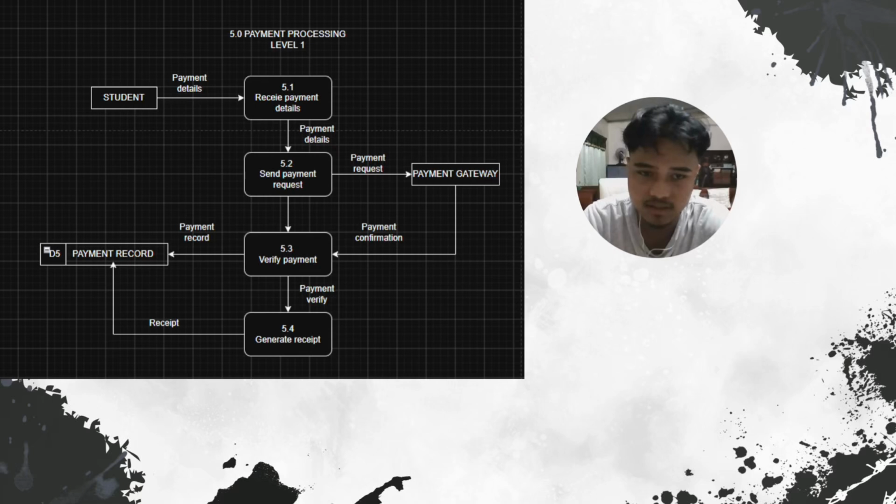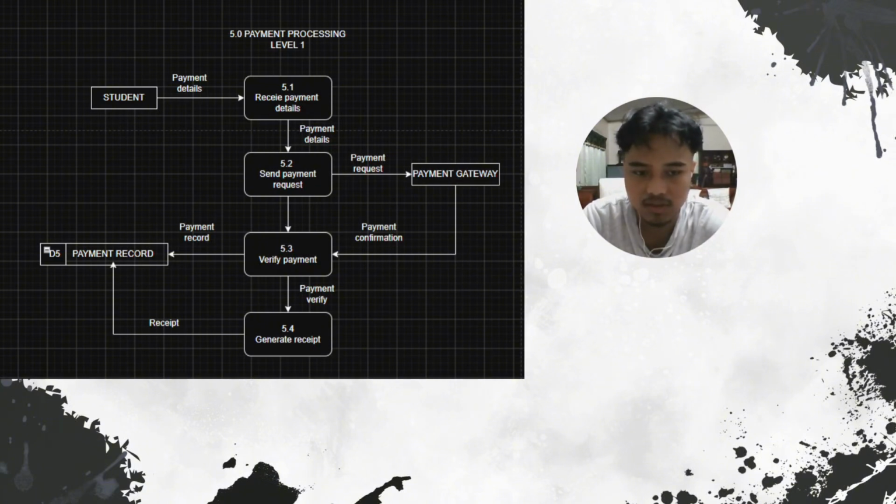Lastly, I will explain the Level 1 DFD for payment processing. The process starts with 5.1, receive payment details, where the student submits their payment information. Next, 5.2, send payment request, forwards the payment details to the payment gateway for processing.